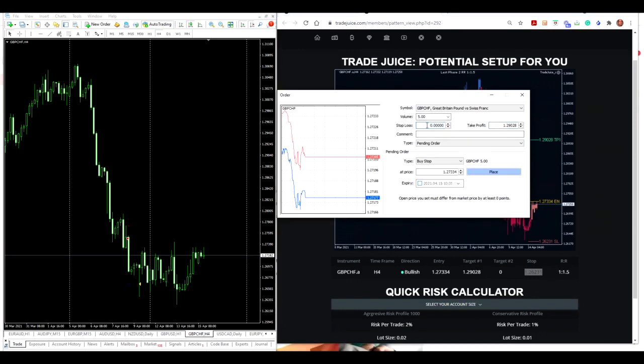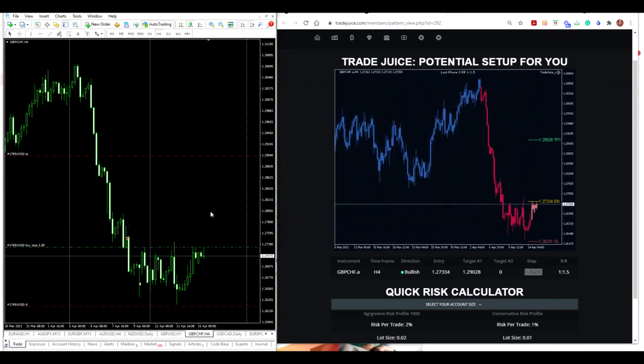But here we go. I've set my buy stop at that price there. Take profit target here. And it'll trigger my entry at the area. The price is currently here. Once it moves up and touches the entry point there, I'll be in the trade.